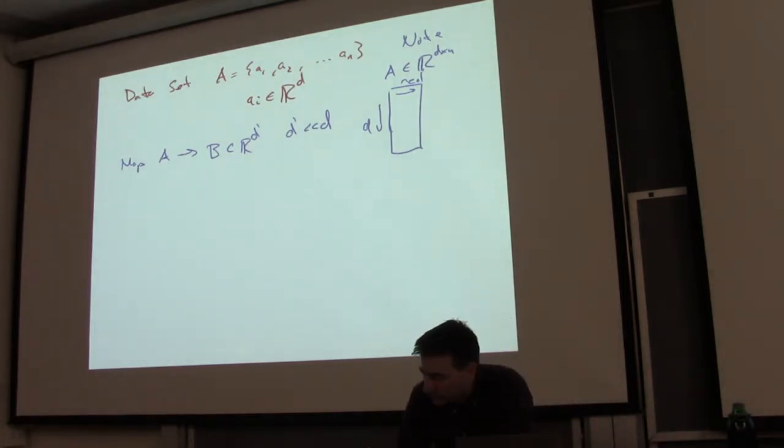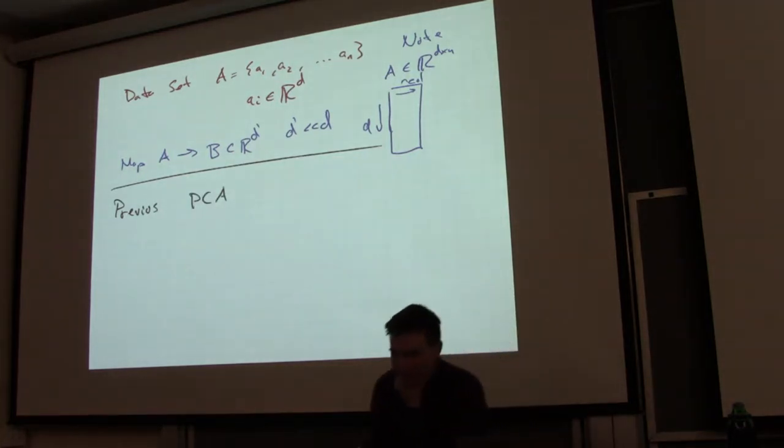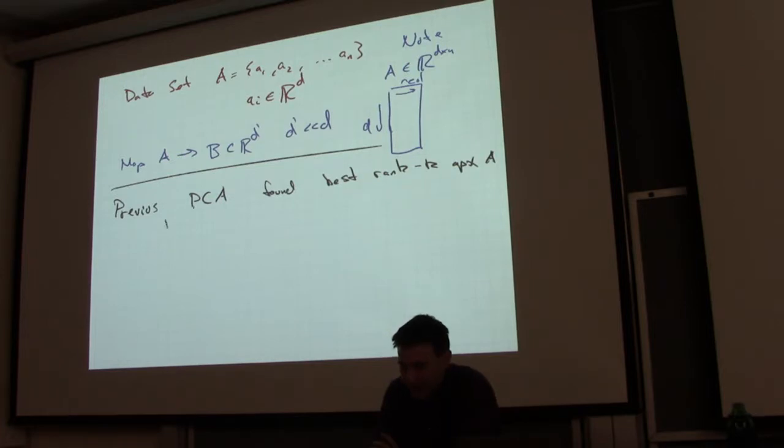So the previous approach was PCA, and what this did is it found essentially the best rank k approximation of A, and it did this by using the singular value decomposition.